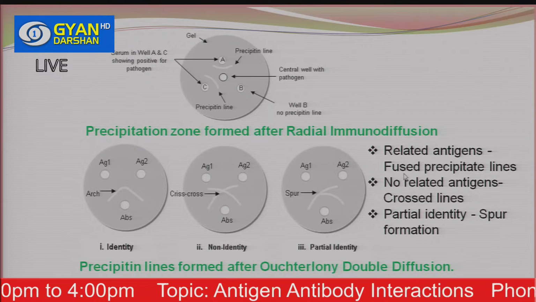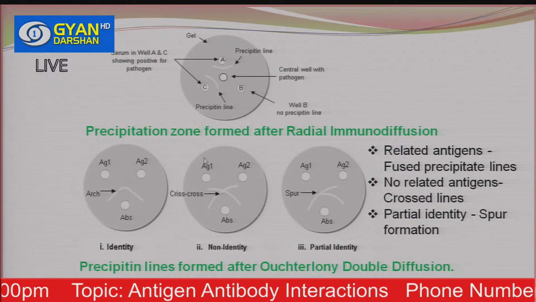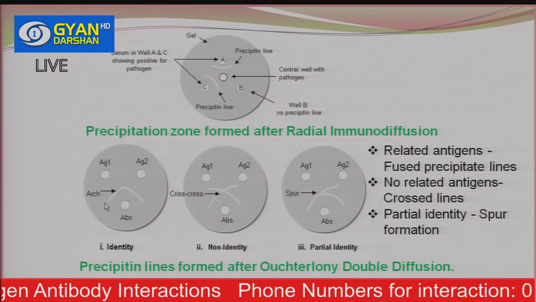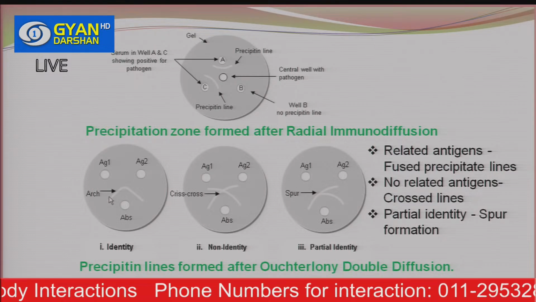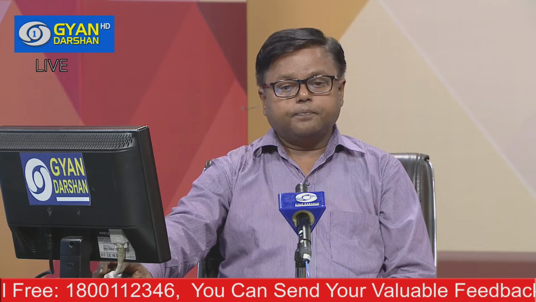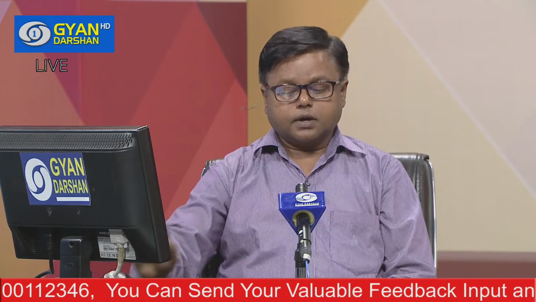So you will get this type of pattern, or ultimately we can see that the antigens have identity against the particular antibody. Where they have no identity, you will get the cross line, and for partial identity you will get different types of patterns.